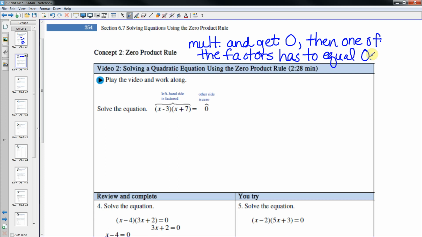Now that may not be exactly how it's stated in the book, but that's pretty much the summation of it. If you're going to multiply two or more factors and you're setting them equal to 0, then one of those factors has to be equal to 0.